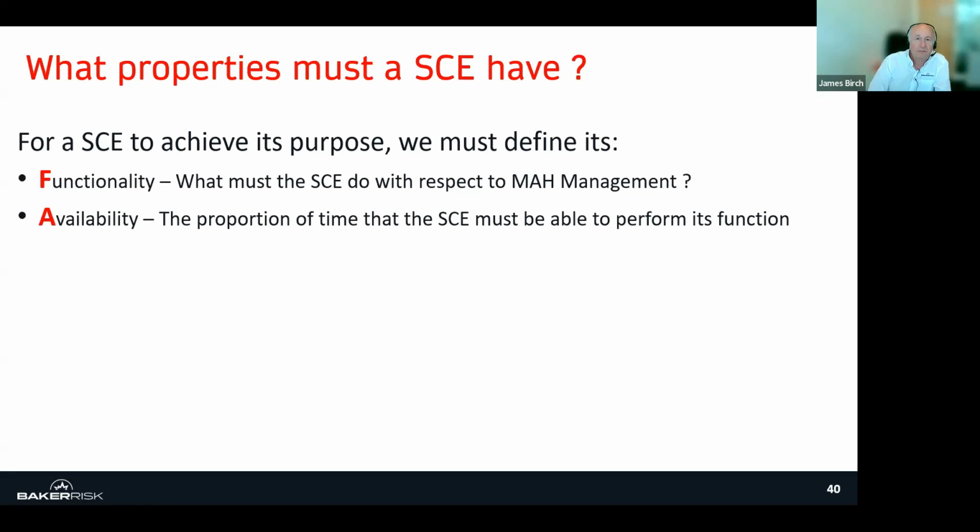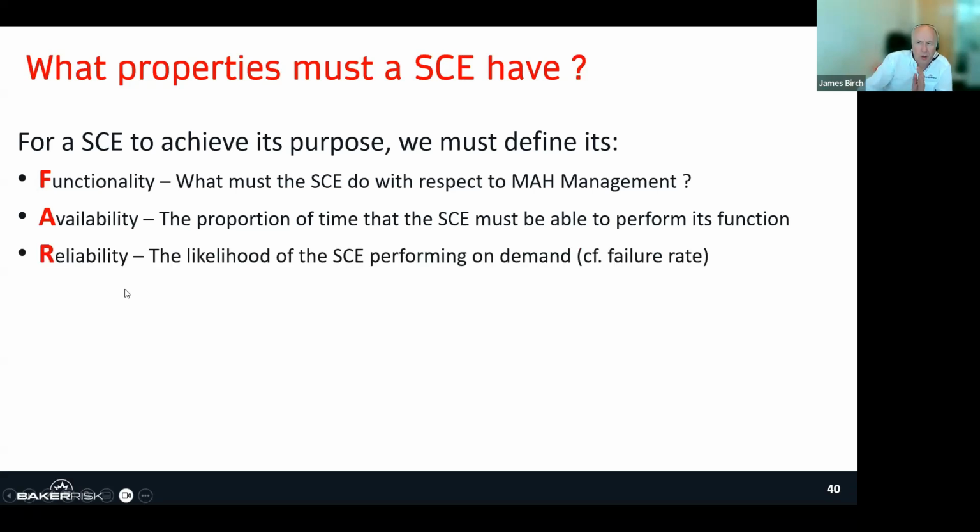And for something that's safety critical, we'd expect that to be pretty high. The next one is that on demand, when we need it to work, how confident are we? What likelihood is it that it will work? And this in many ways is the same as what's the failure rate? And again, we would expect this to be pretty high.